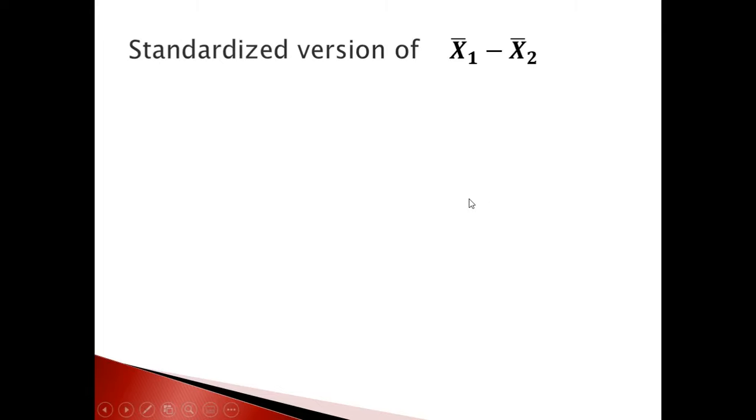Now we are going to standardize x1 bar minus x2 bar, which means the standardized version of x1 bar minus x2 bar. We denote it using capital Z. Z equals x1 bar minus x2 bar minus mu1 minus mu2, divided by the square root of sigma 1 squared over n1 plus sigma 2 squared over n2.